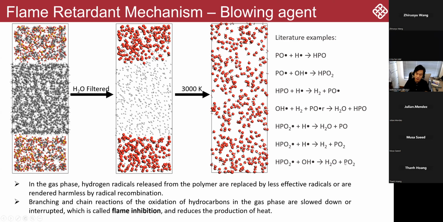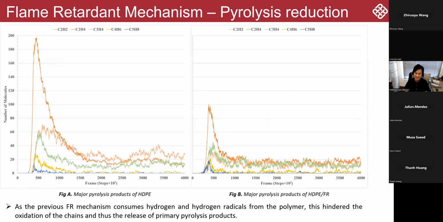So this is the perspective of all the phosphorus-based reactions. It keeps changing from PO2 and then going back and forth. So it has a circulation of the so-called flame inhibition effect, and it reduces the heat significantly.